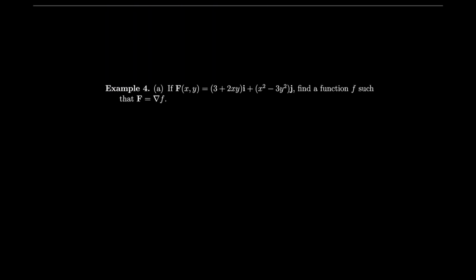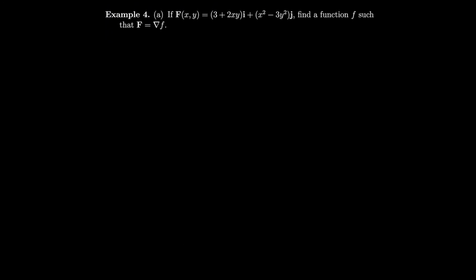So let's start with this thing over here. It must be equal to partial derivatives because it's conservative. There must be some potential function. So I could say that the partial derivative of that function with respect to x must be equal to this first component.